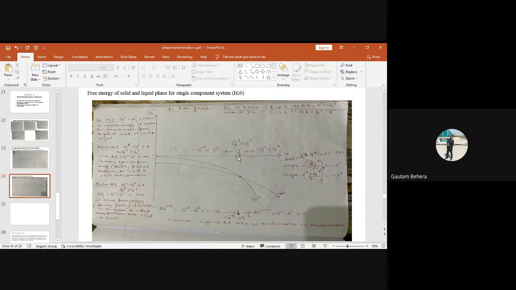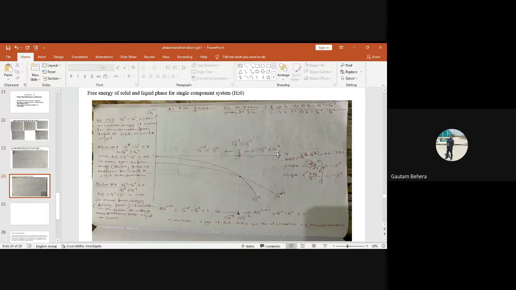So below the melting point temperature, the free energy of solid is less and the free energy of liquid is more, right? But above the melting point, the free energy of liquid is less and the free energy of solid is more. Here I have written GS is less than GL below this point. Above this point, GL is less than GS, right?